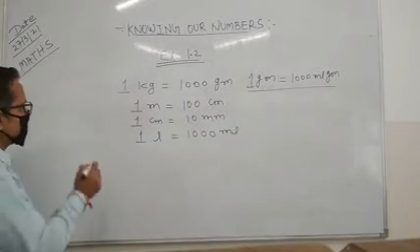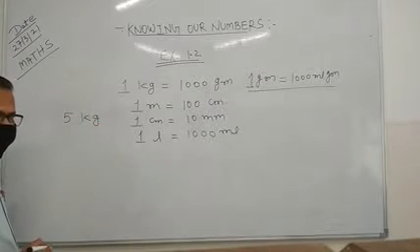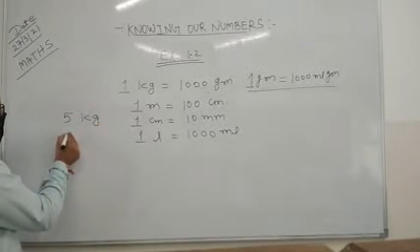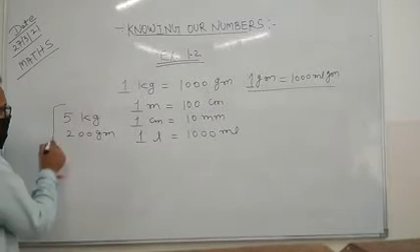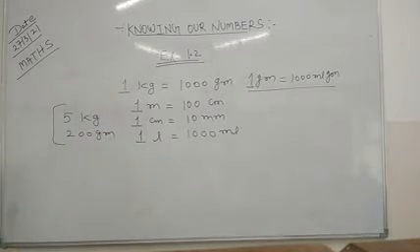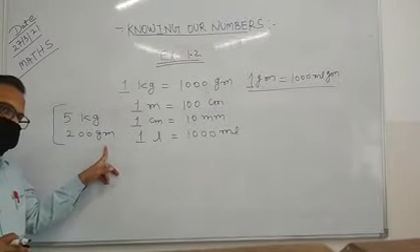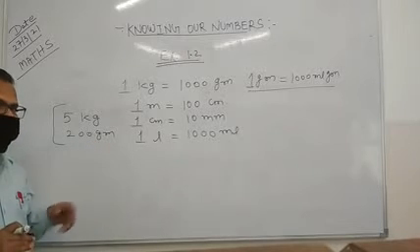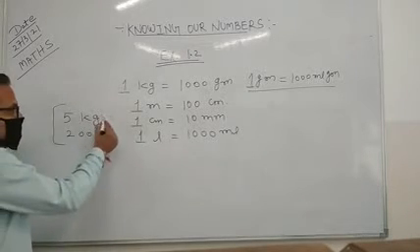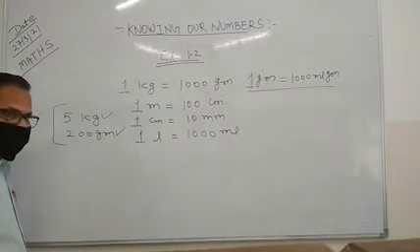Suppose it is given to you that there are 5 kilograms and 200 grams, and you wish to add both these numbers. Only if the units are similar can you add; otherwise it is difficult. So either you can change kilograms into grams or grams into kilograms.